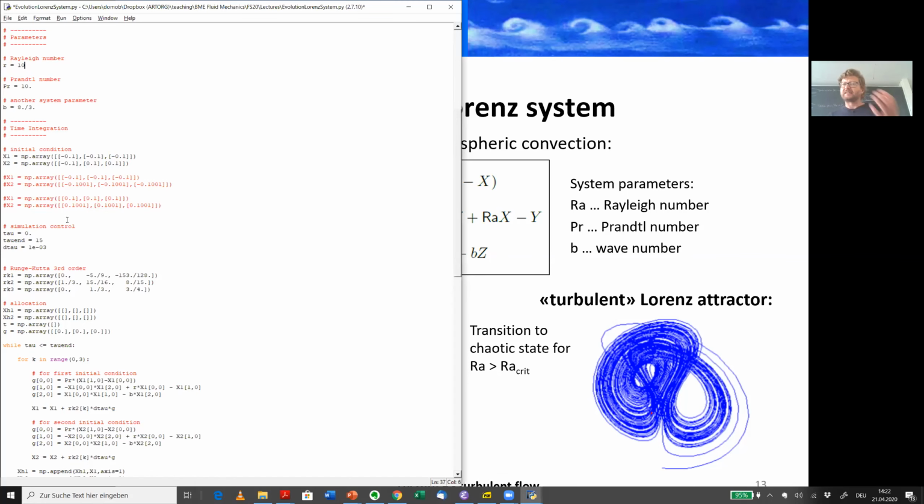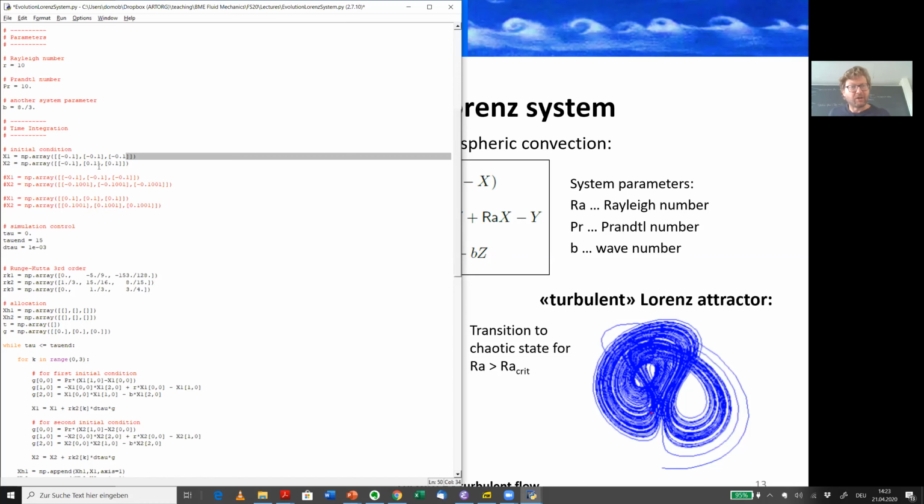And I also have to set some initial conditions since we'll be solving these equations. As initial conditions, I choose a point x1, which has three coordinates. The x coordinate is minus 0.1, the y coordinate is minus 0.1, and the z coordinate is minus 0.1. So it's a point in space, x, y, z. The three variables x, y, z are understood as coordinates in space. I'm also setting a second starting point, so we have actually two points which develop.